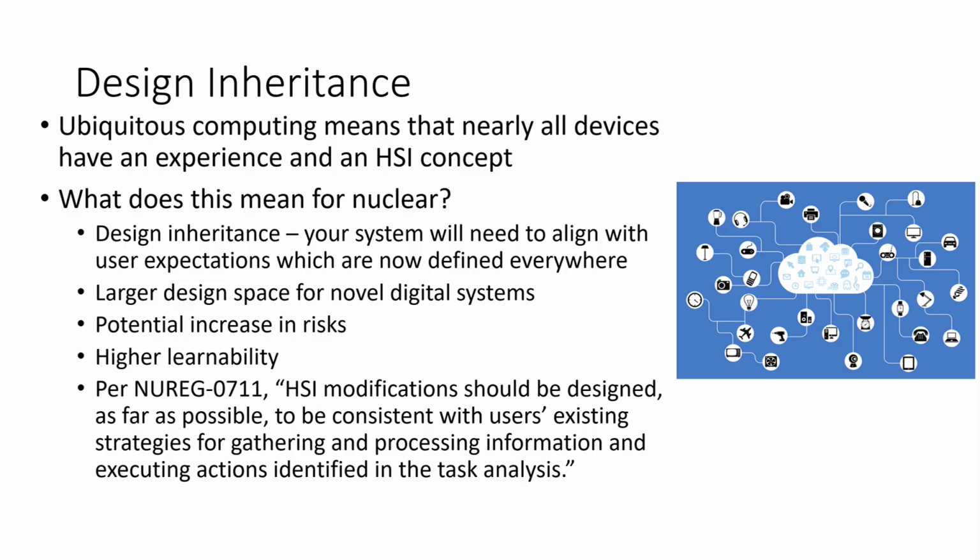Now, what does this mean for nuclear or other critical infrastructures? That means that your system will need to align with user expectations, which are now kind of defined everywhere. That's why when you browse the internet, certain types of sites tend to look similar.